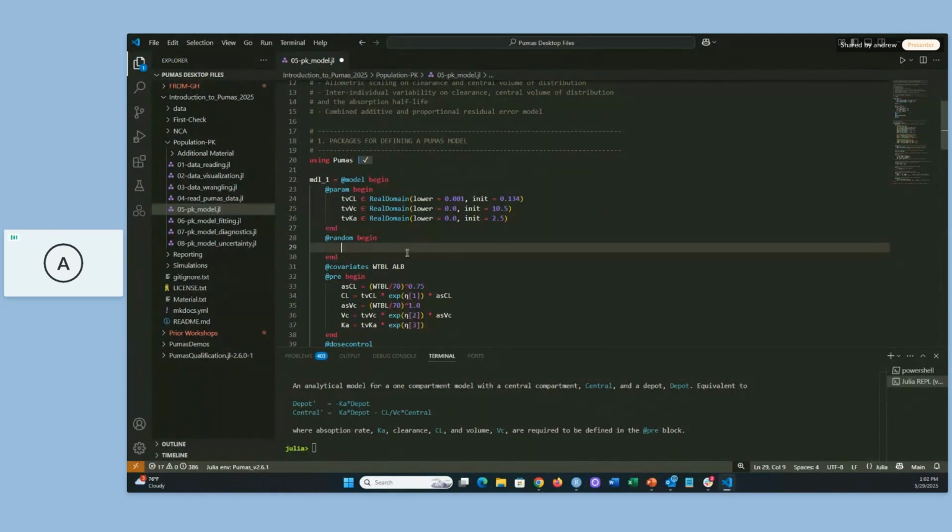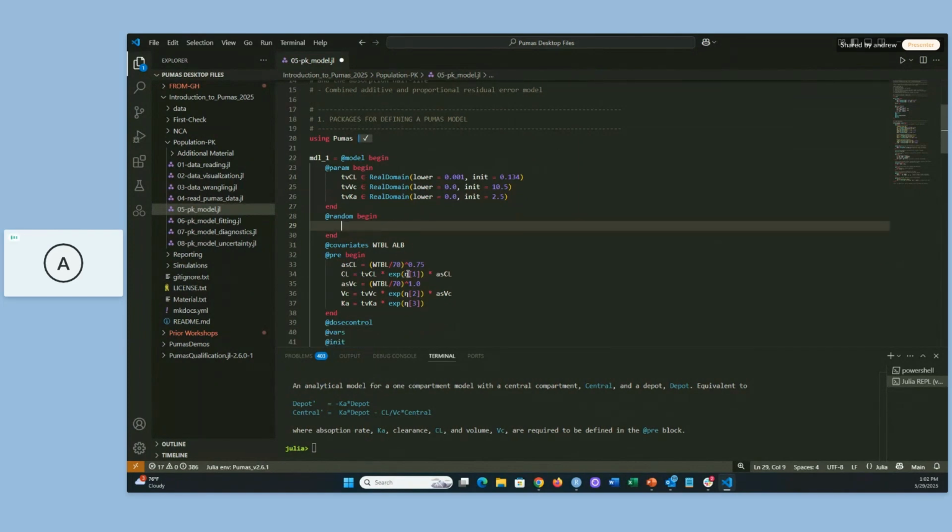So we defined our fixed parameters. Now let's deal with our random effects. What is the first thing that we're going to want to apply?